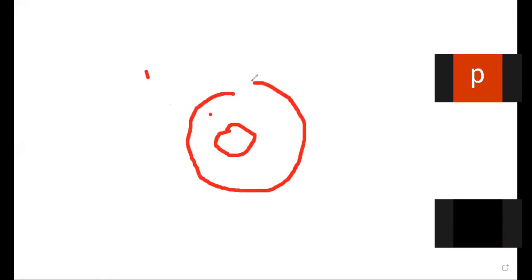See, in this case, here we have the shaft. Outside this shaft, we have a runner.